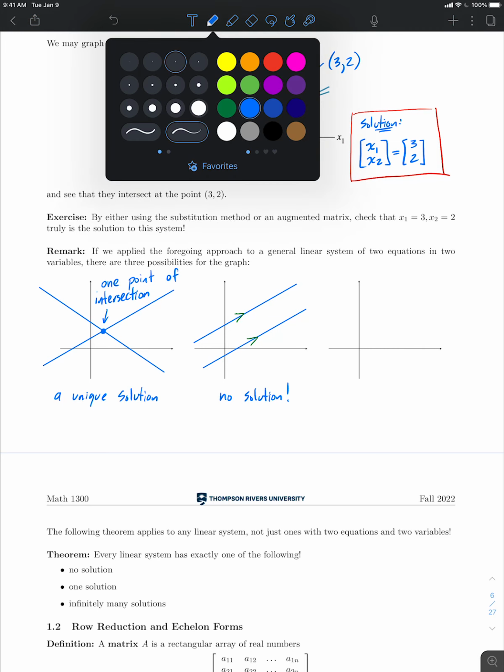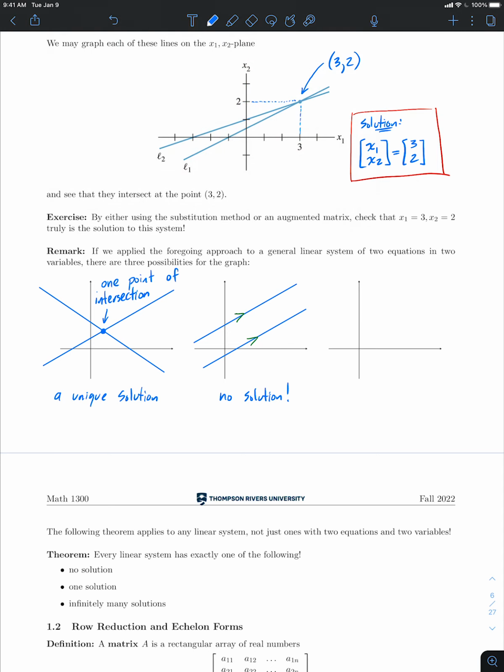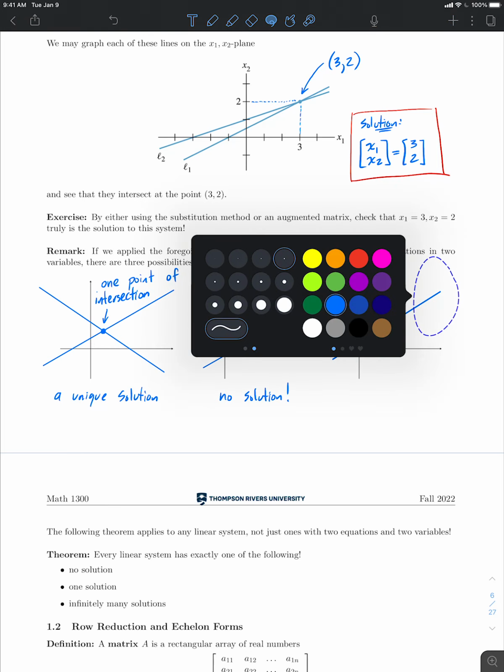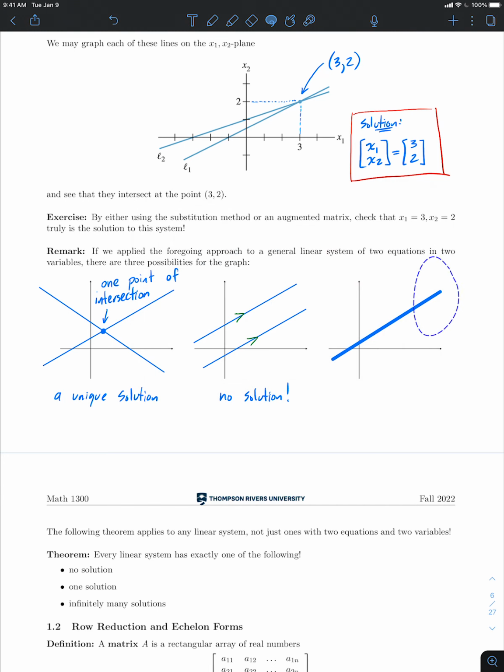So it's kind of hard to draw two lines that are over top of each other. So what I'll do is I'll just use a thicker line. Actually, I could probably do it even thicker than that. A thicker line to indicate that the two lines are just superimposed over each other. And if that's the case, then you're going to have infinitely many solutions.